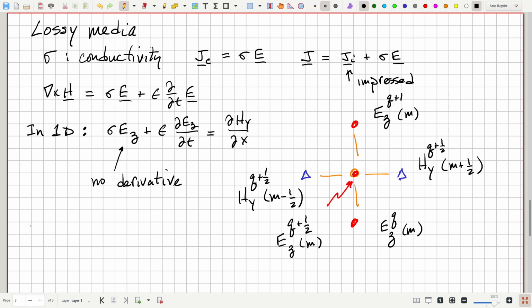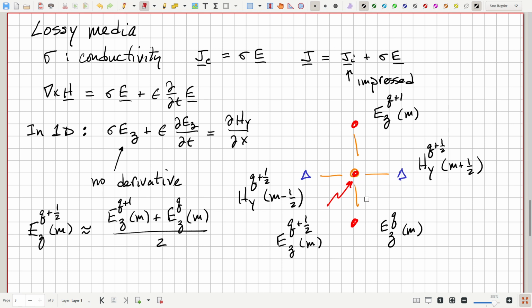Well, a reasonable approximation is, if we knew Ez at time q and at q plus 1, the average of those might be a reasonable approximation to Ez at time q plus a half. So let's write that average here: Ez at time q plus 1 plus Ez at time q, divided by 2. That would be the average. Let's use that for our value of Ez right there at the center of those central differences, for that term right there.